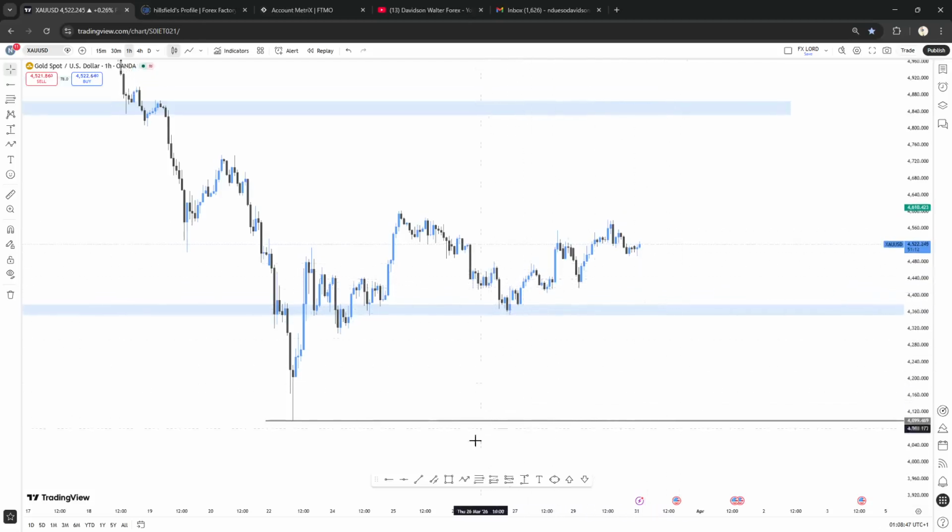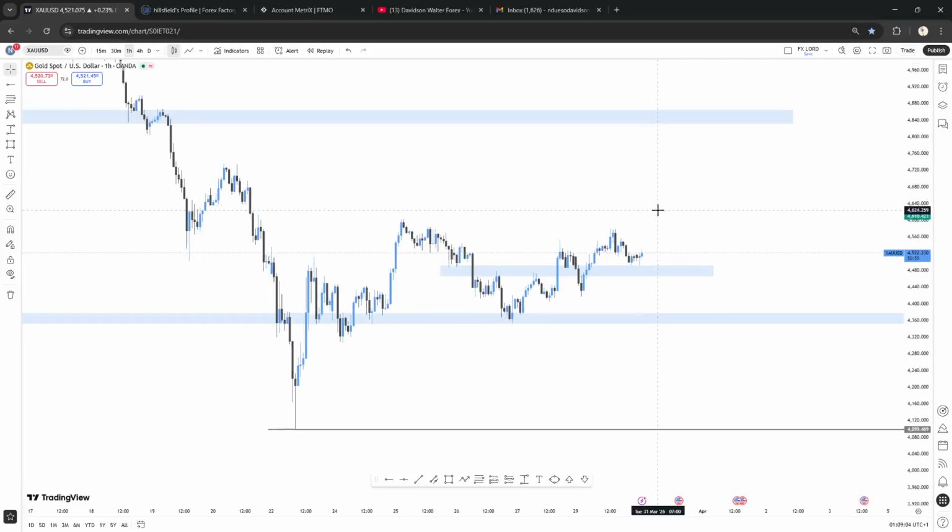opportunities. If you look at this area right here, this was previously a neckline. Let me draw that out. If you draw this to this level, you can see the price came back to this level again before it started moving to the upside. So if you didn't catch this move when I shared it in the Telegram, if you were not active to catch the move and you still want to hop into this trade, there's still a chance for you.